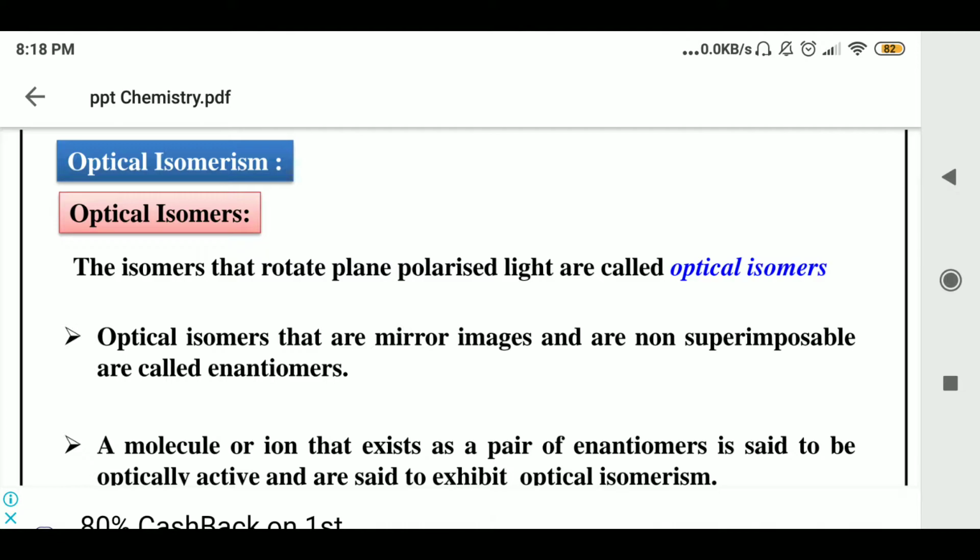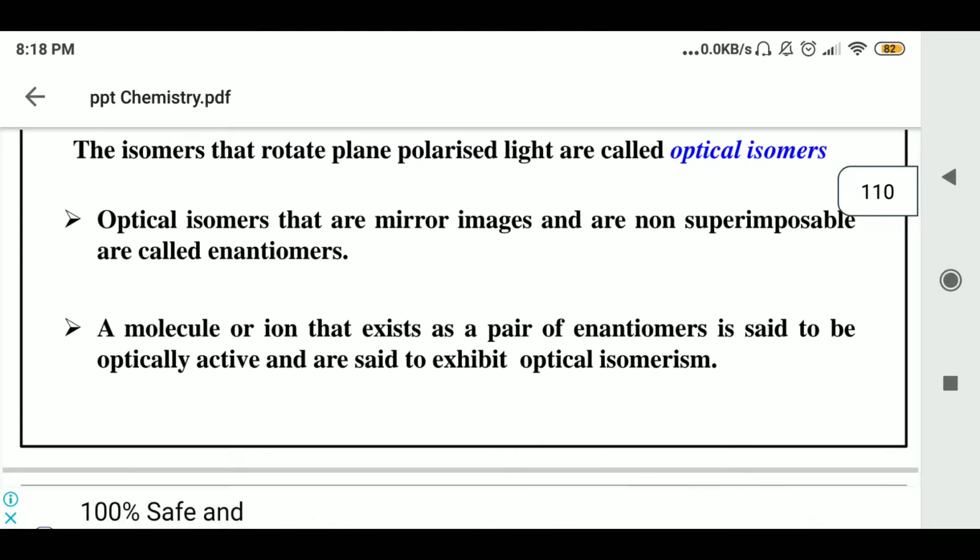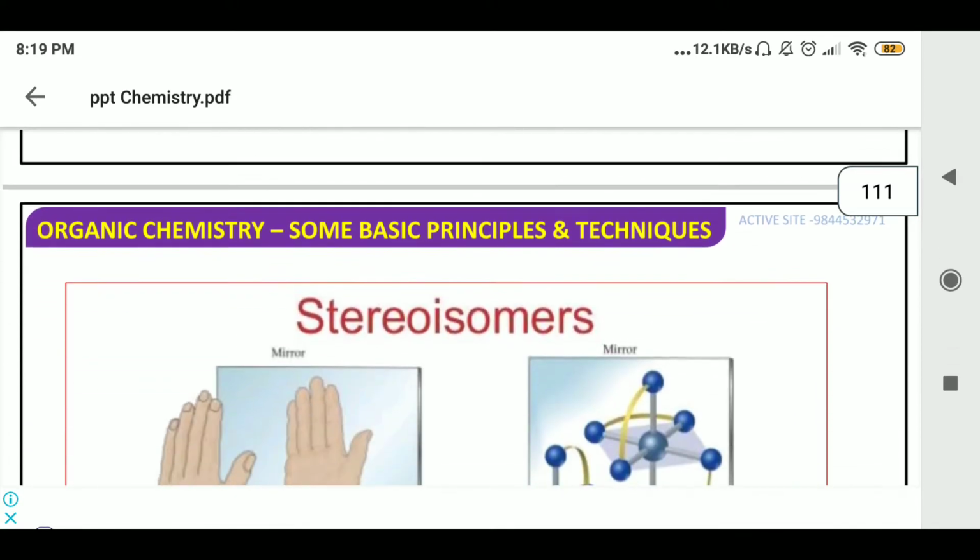I discussed this in the last video also, regarding enantiomers and diastereomers. In continuation with this, here is the given definition: enantiomers are those optical isomers that are mirror images but non-superimposable, and the molecules or ions that exist as a pair of enantiomers are said to be optically active and to exhibit optical isomerism.